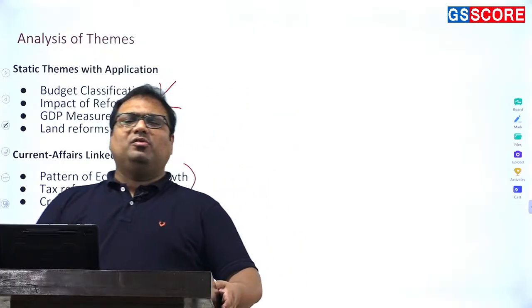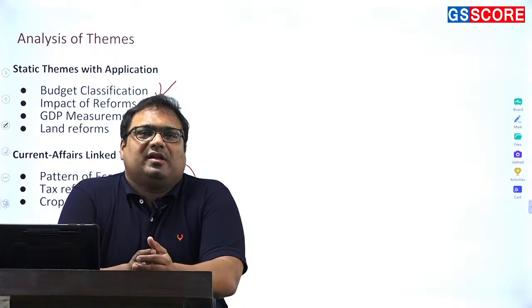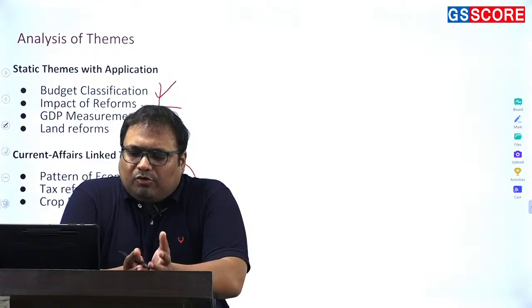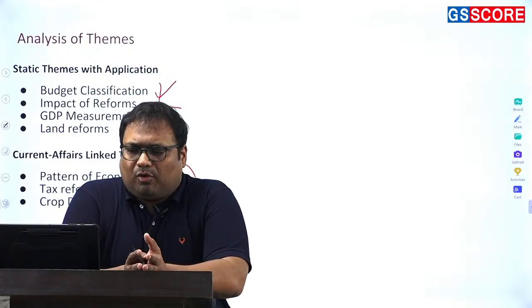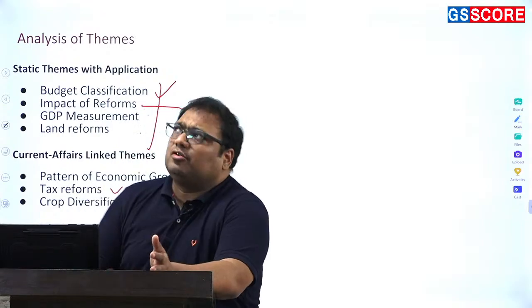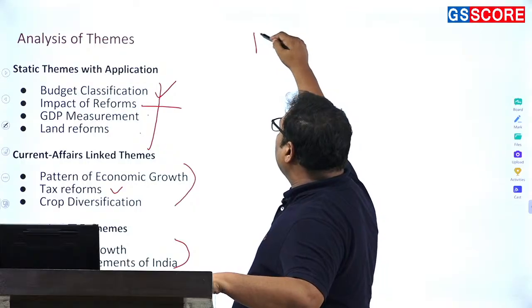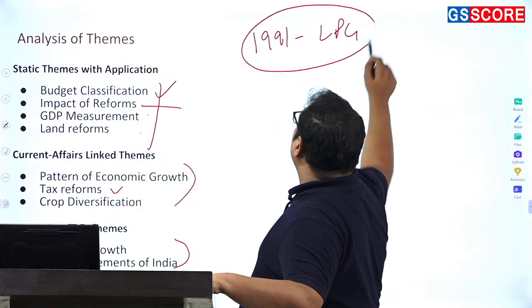Then impact of reforms. Now, reforms are something which we have already created, which we have already brought. In 1991, we changed certain policies. Then over time, continuously we have changed more and more policies, and we have brought more and more changes. So, the idea is that जो हमने 1991 में किया, what we did in 1991, for example, LPG, that is never going to change.